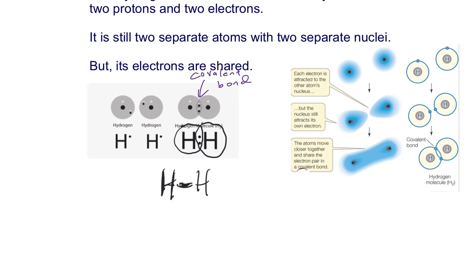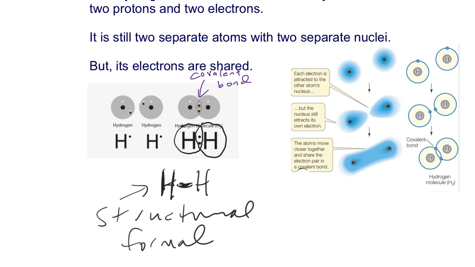Okay, this is called the structural formula, when you show the stick bond. When the electrons are shared, one stick represents two shared electrons, a shared electron pair. Okay?